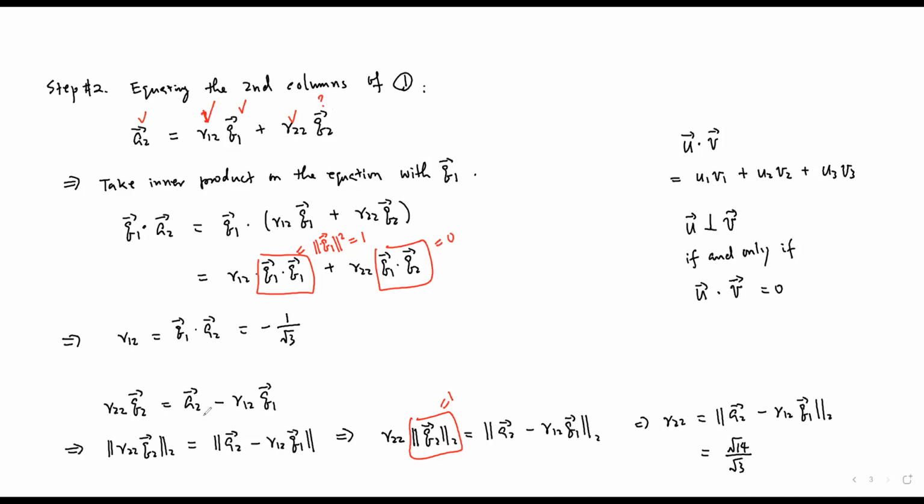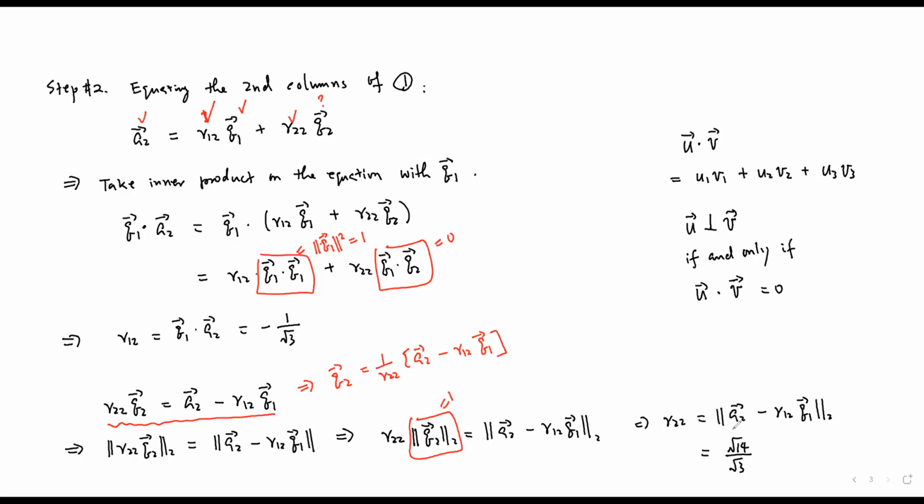How to determine Q2 from this equation? The right side, I know. R22, now I know. So from this equation, I get Q2 is equal to 1 over R22 times A2 minus R12 Q1.